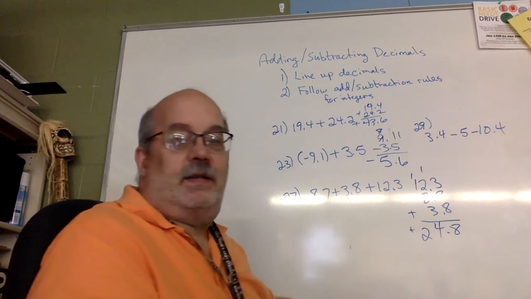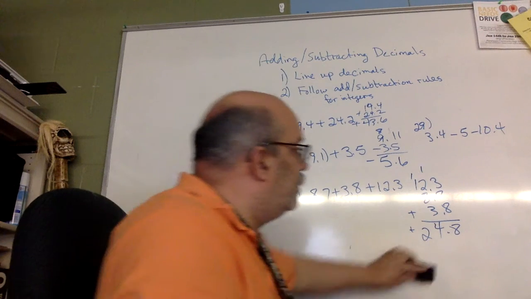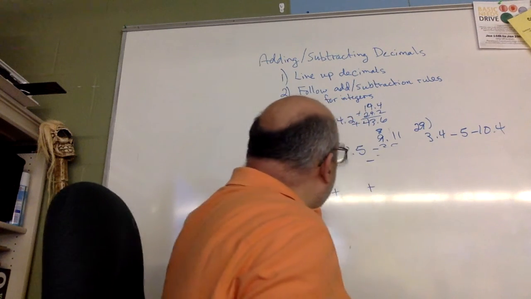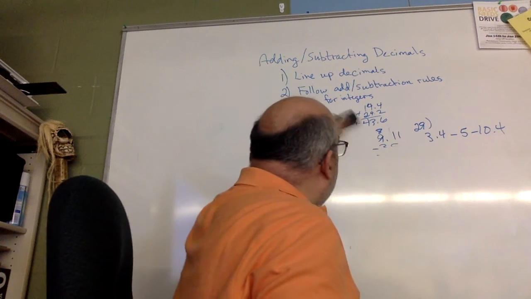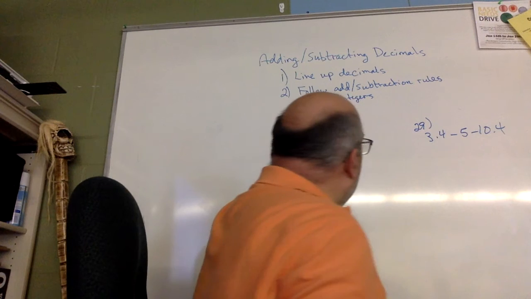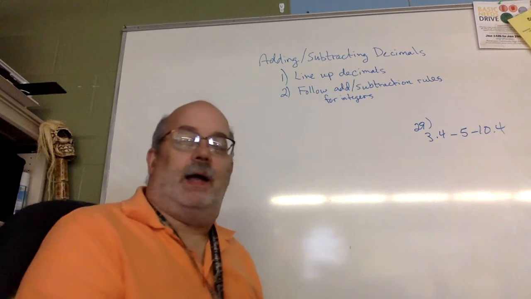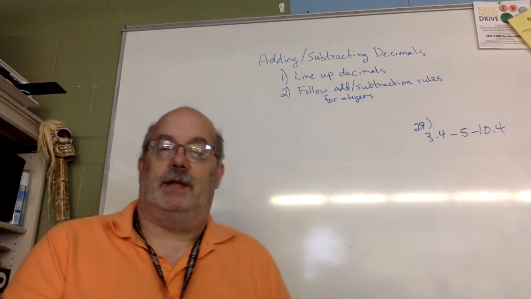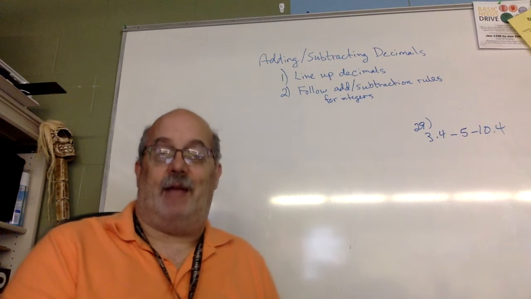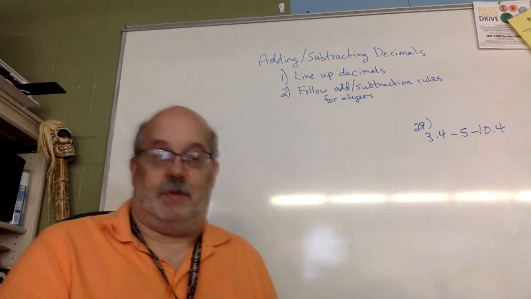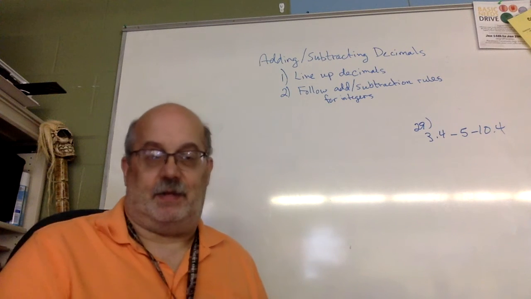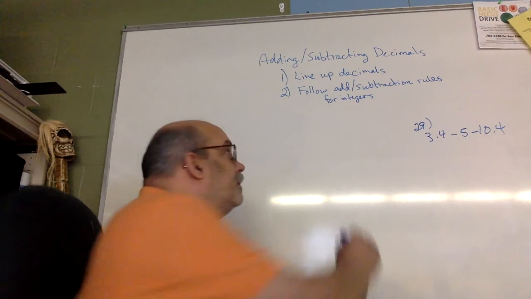I'm going to erase this so we have some room to work. Okay, I got 3.4 minus 5 minus 10.4. I have some subtractions. I need to change them to additions and change the number after them.